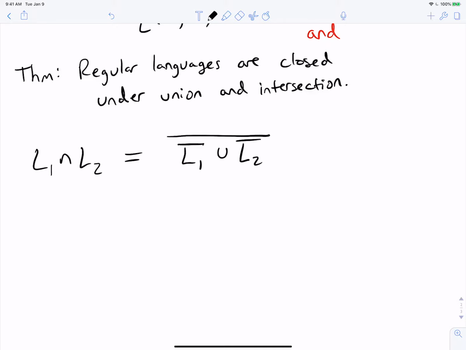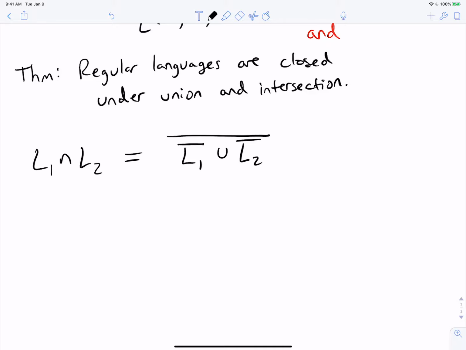Well, if we have union and complement, we get intersection because these are equivalent. We can just complement the original two DFAs, do the product construction, and then do another complement once we make the product DFA. So those are two different ways you could have proved intersection.